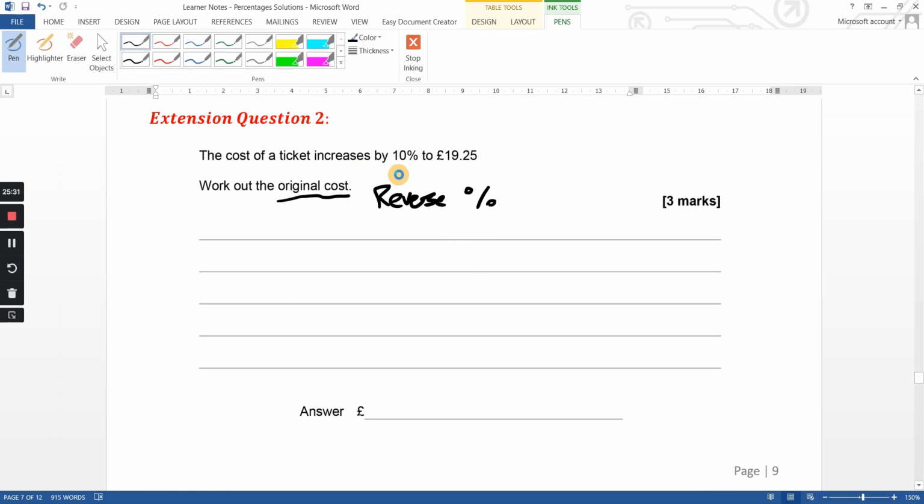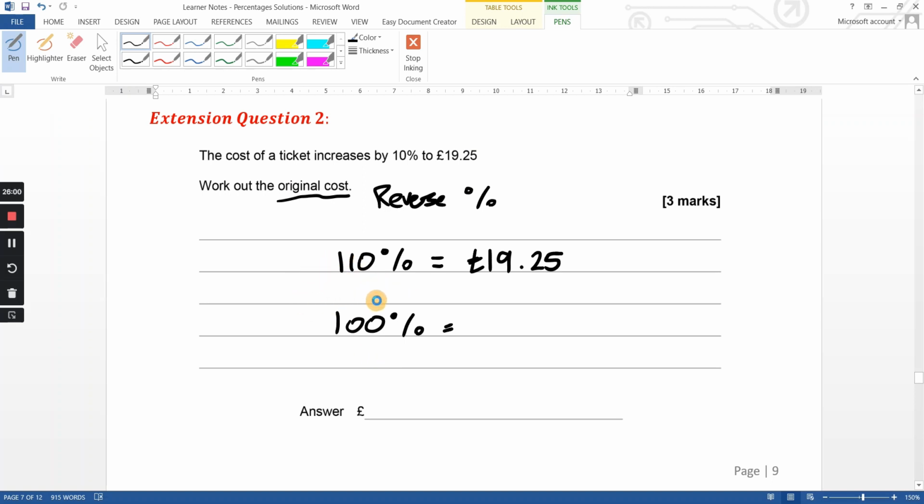Yeah, so if it's increased by 10%, if it was originally 100%, we've now got 110%. So 110% of the original is equal to £19.25. We want 100% of the original, what it was originally. So how do you get from this to this?